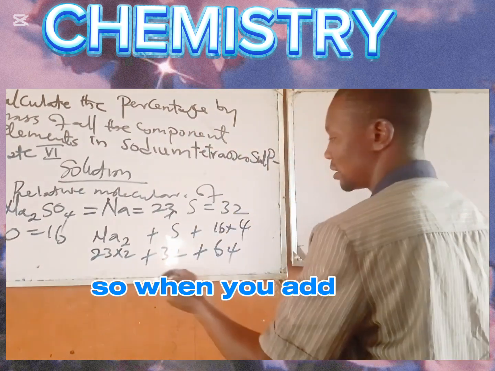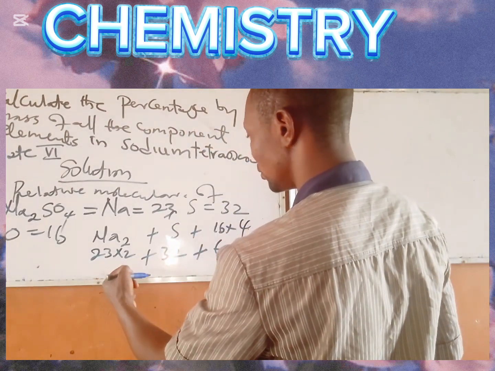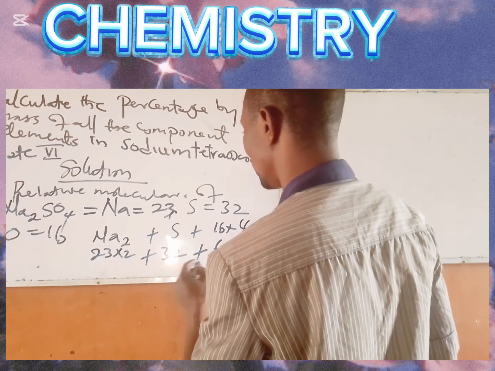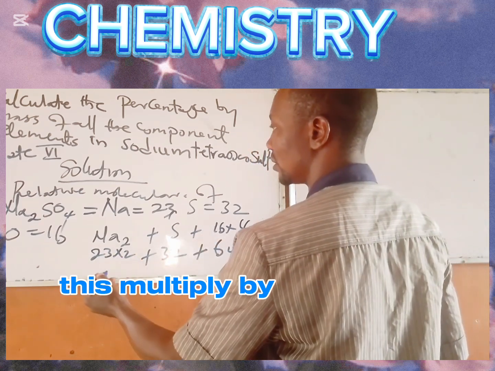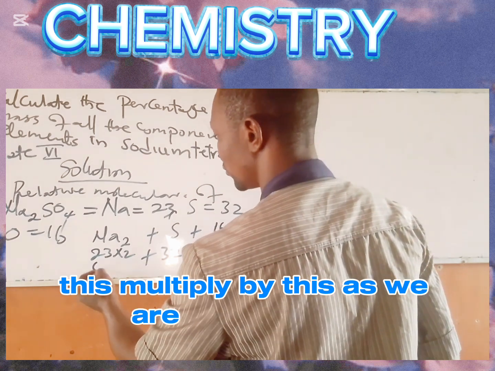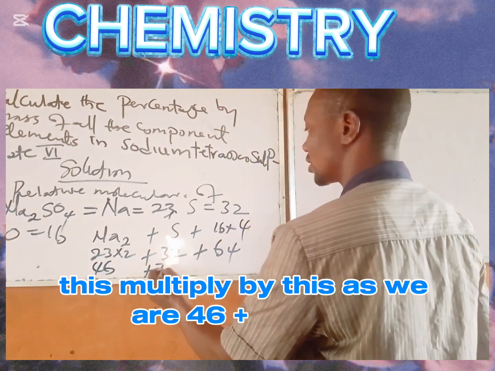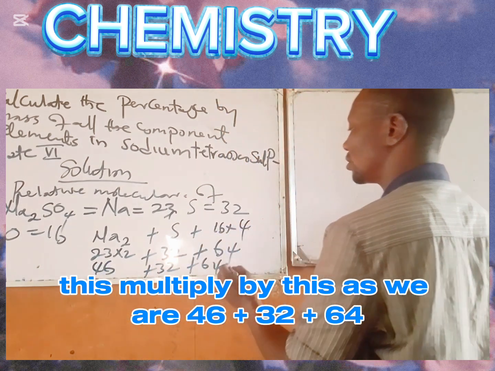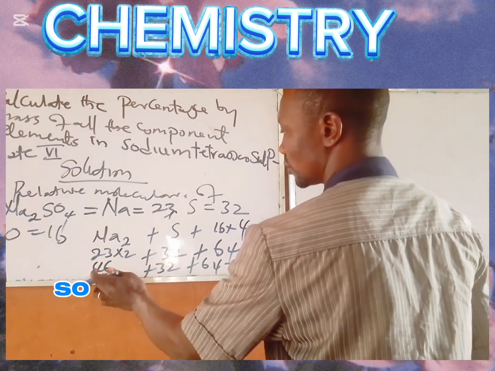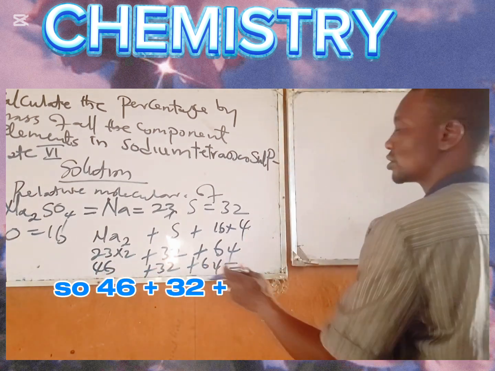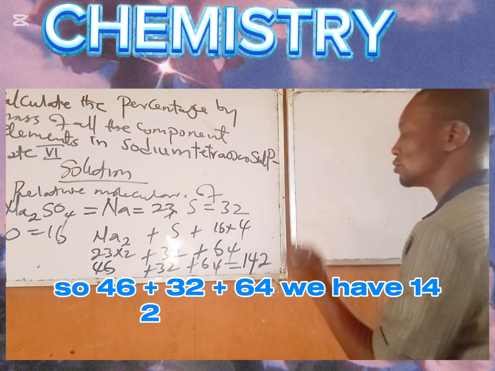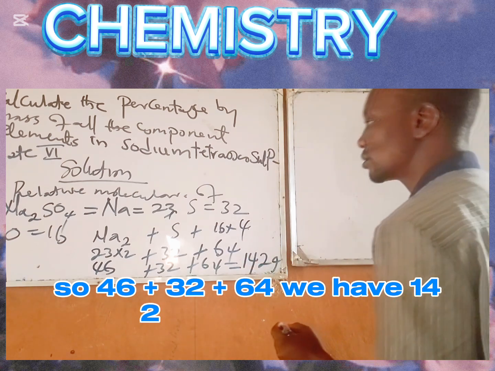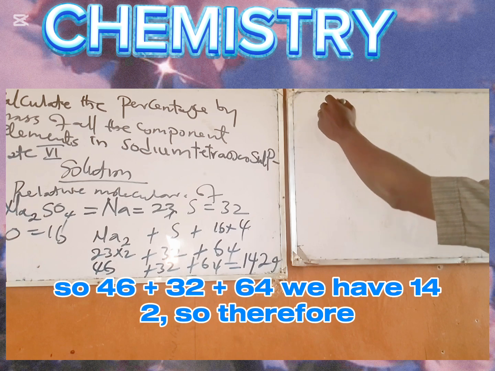So when you add this together, this multiplied by this, we have 46 plus 32 plus 64, we have 142 grams.